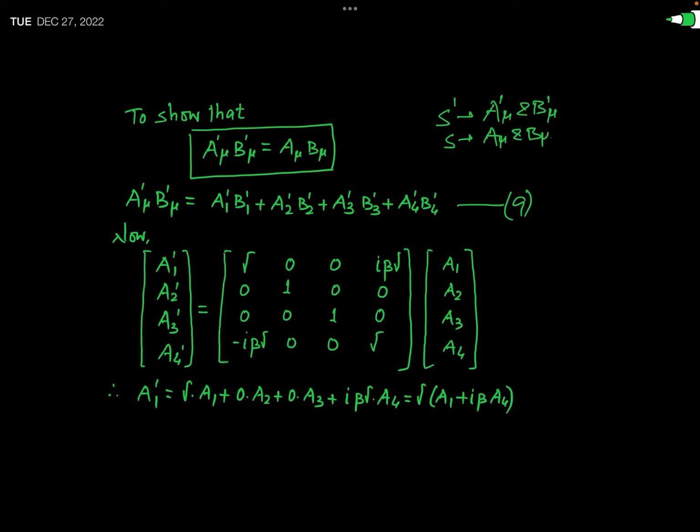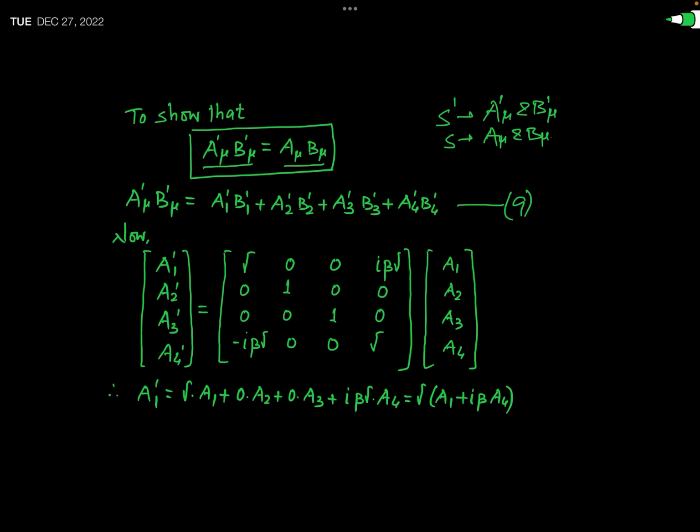Then invariance means you have to show that A prime mu times B prime mu is equal to A mu B mu. I have not written the sign of summation here because mu is a repeated index, so summation is not needed.